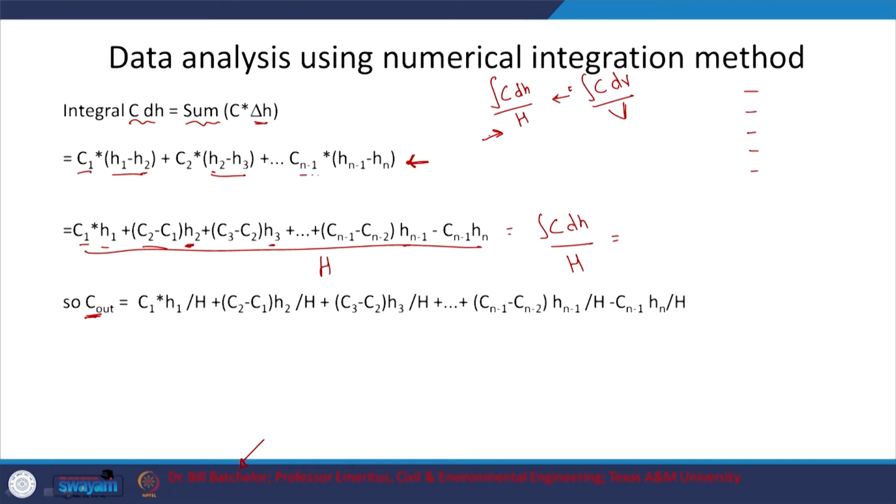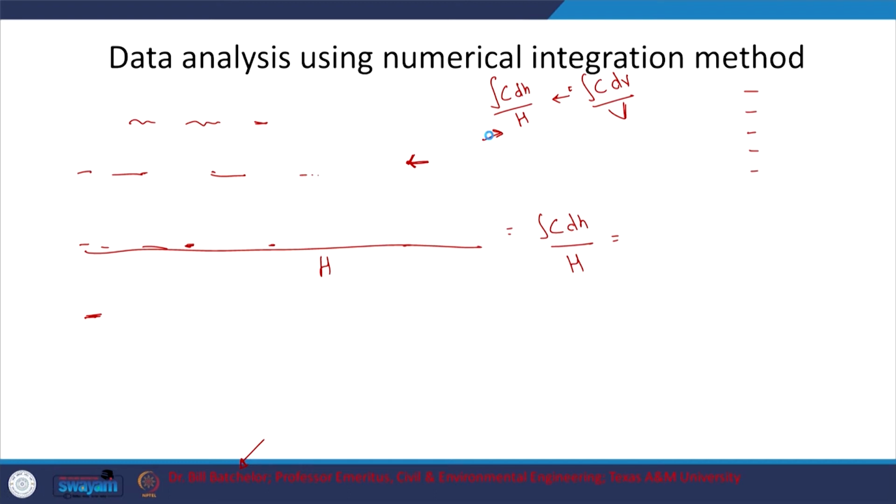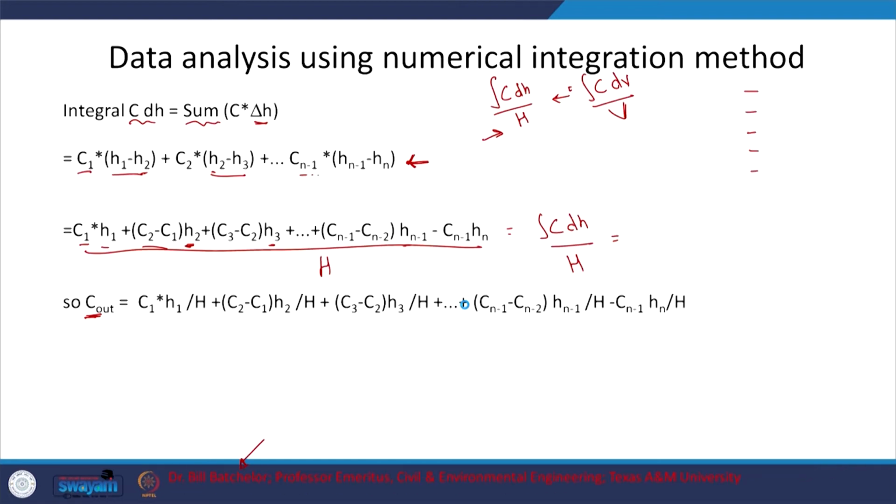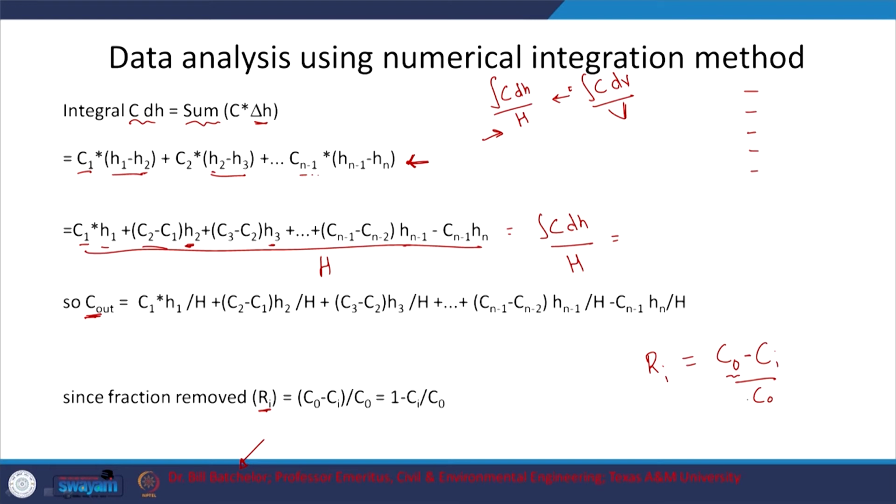Now I would know that my graph is going to be something like this. It will have the different removal percentages and different removals at different heights. So, how do I get this removal percentage into the picture? Here I am going to say that the fraction removed is equal to C naught, the initially present concentration, minus C I, by C naught. From this I can rearrange and get C I in terms of the fraction removed and the initial concentration.